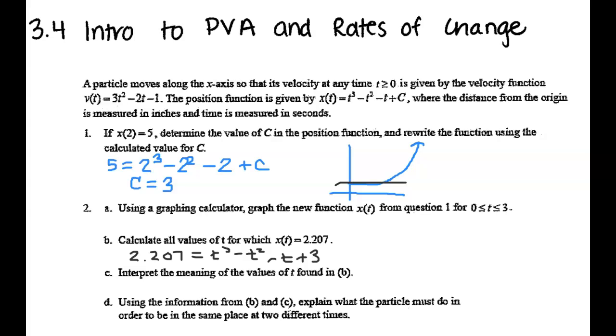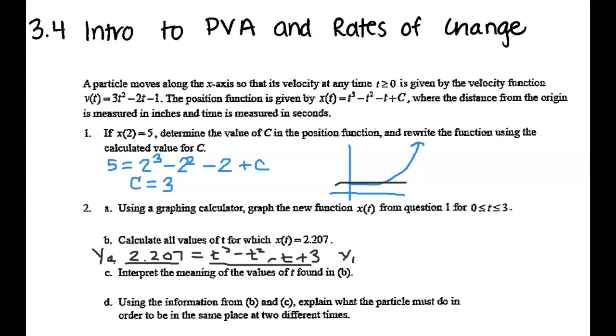And then you could have moved over the 2.207 and set that equal to 0, plugged that into y1, and found your zeros. Or again, you could plug this half in y1, plug this in y2.